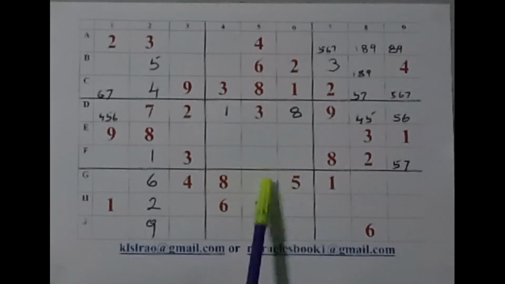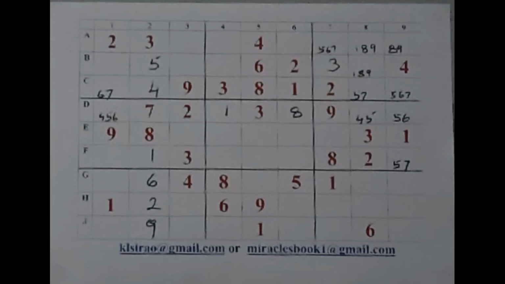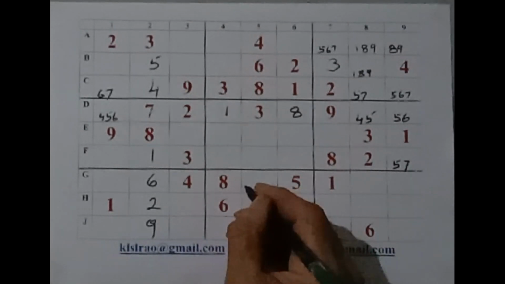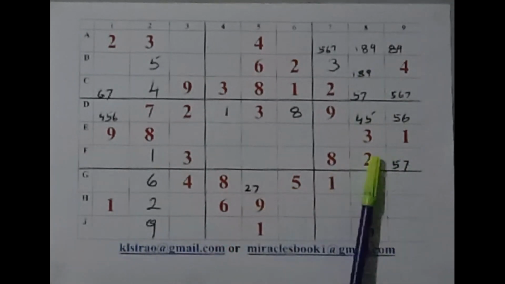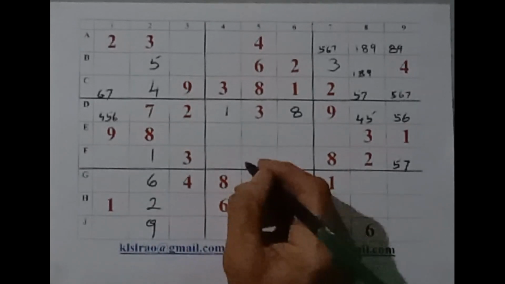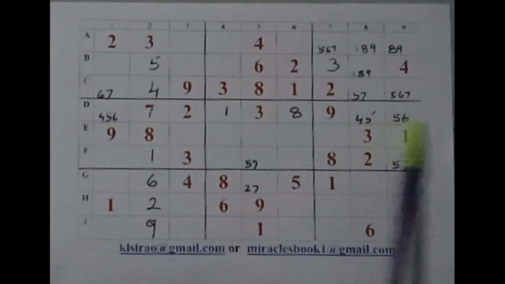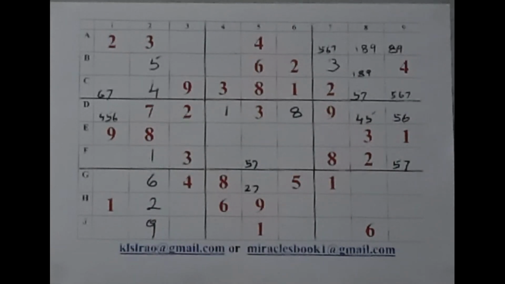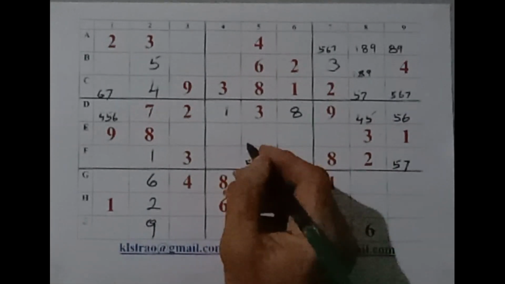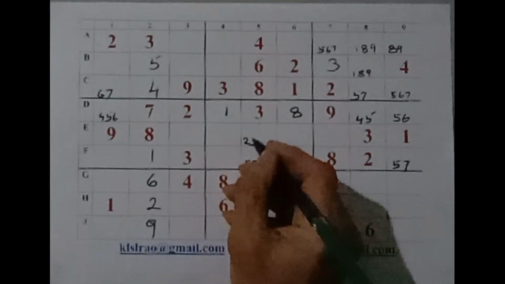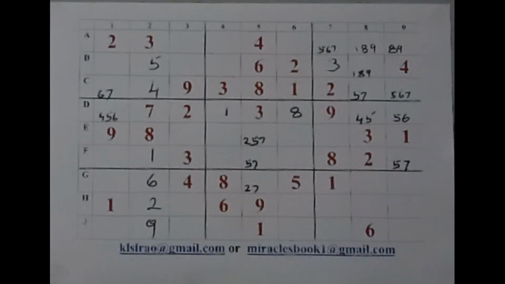We have this 5 here. So 2 and 7 here. 2 and 7. We have the 2 there. So 5 and 7 here. And here no 2, no 5, no 7. So all 3 numbers there. 2, 5 and 7. Now have a look.